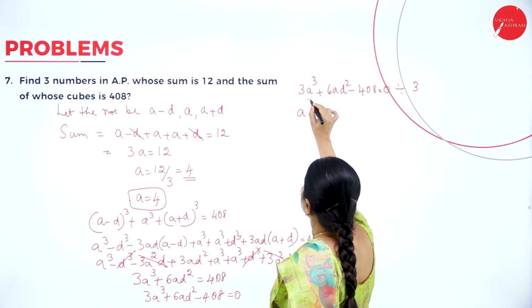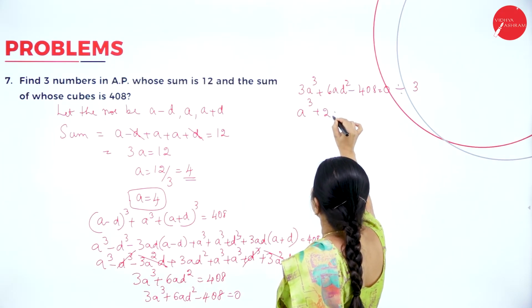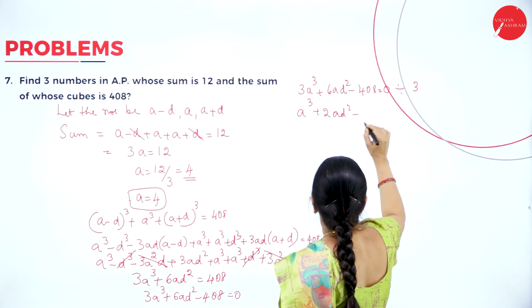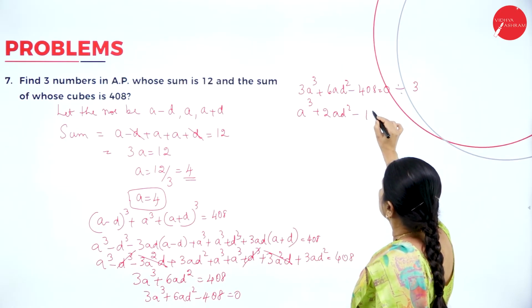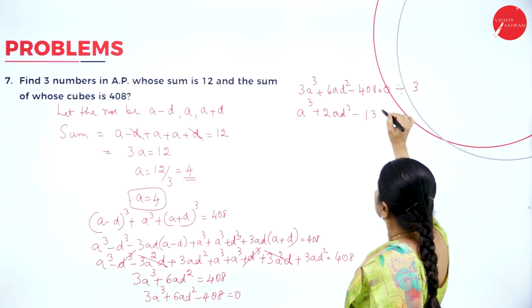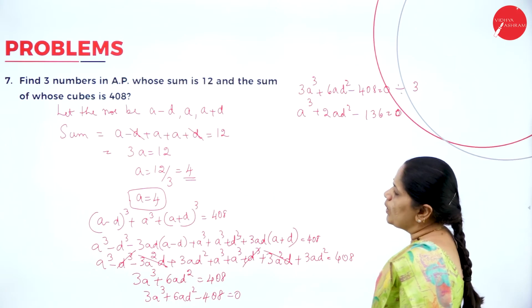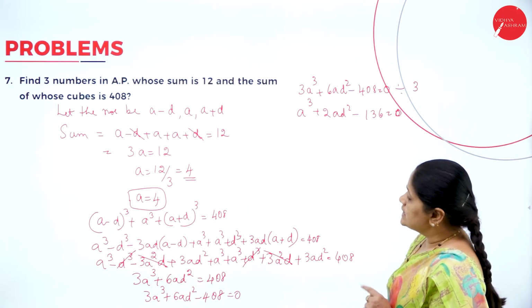So, I get A cube plus 2AD square minus 136 equals 0. But we know the value of A is 4.